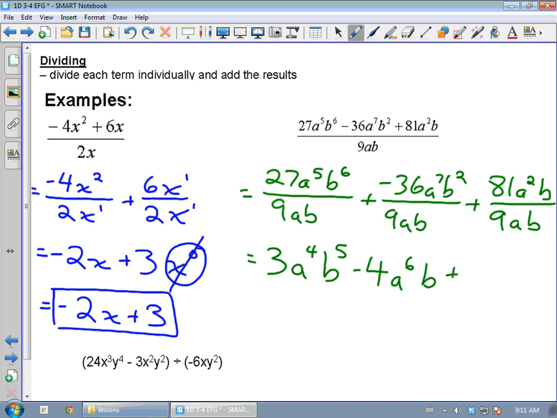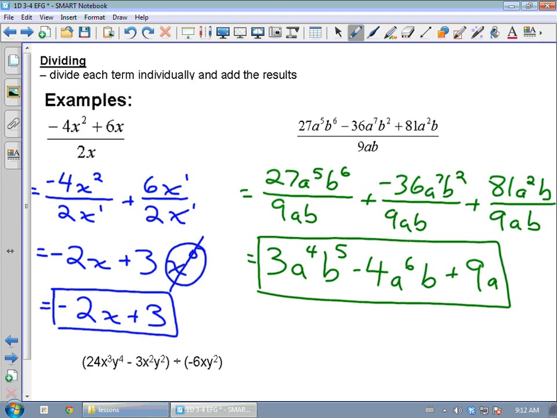My last division here, 81 divided by 9 gives me 9 for my coefficient. A squared divided by a to the 1 gives me a. And then b divided by b would give me b to the power of 1 minus b to the power of 1. So 1 minus 1 would give me 0. So we don't even put that b part on there. Okay, and so we are done.